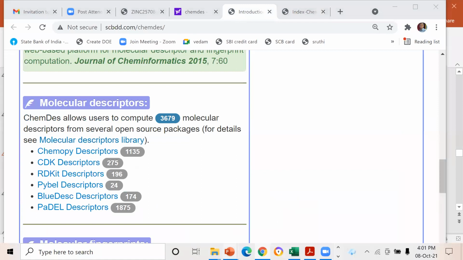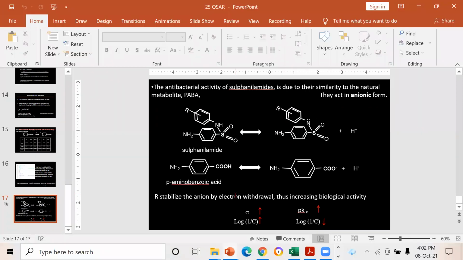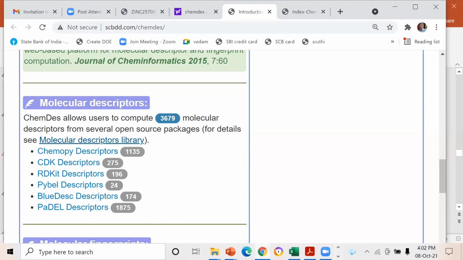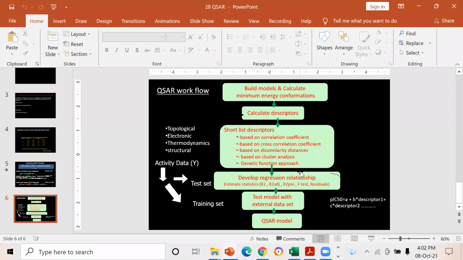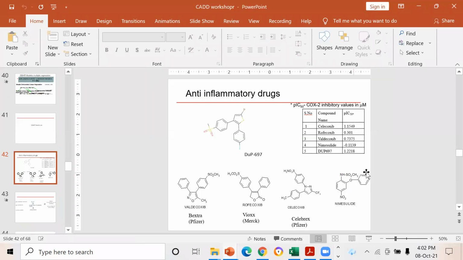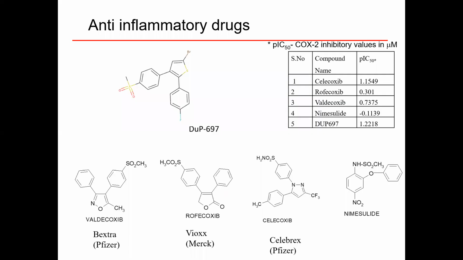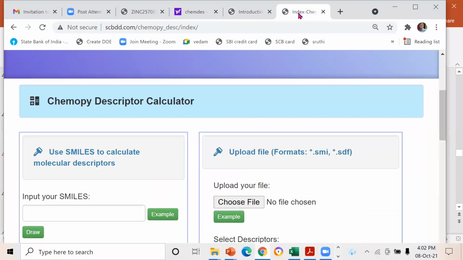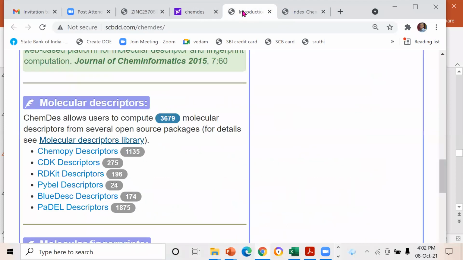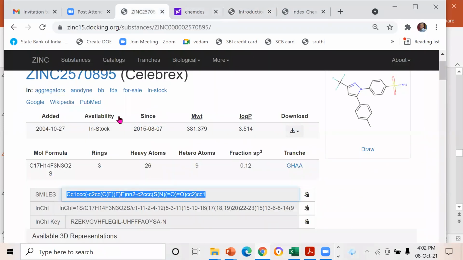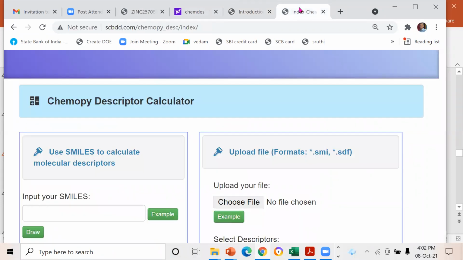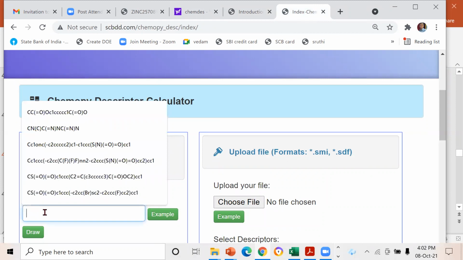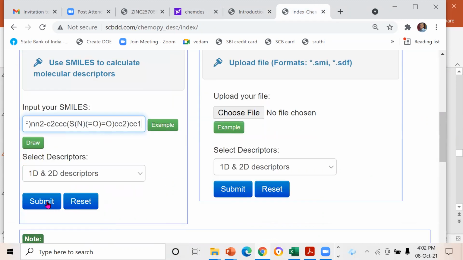The first molecule, for example, is silicoxib, celecoxib. We got the SMILES, then input the SMILES notation and say submit to calculate those descriptors.